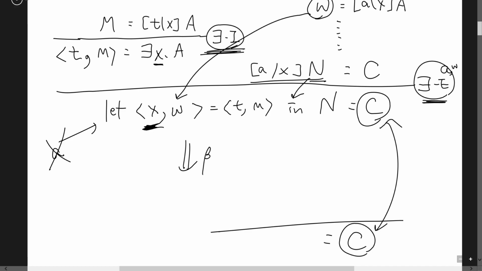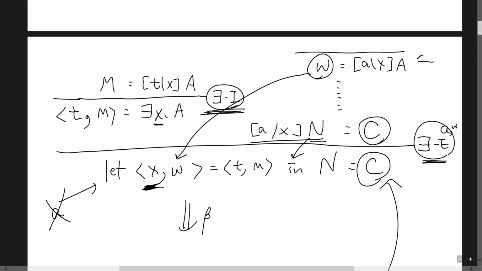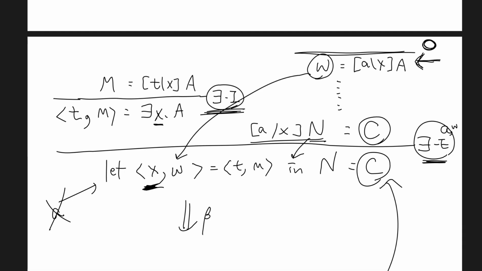And the idea is we have almost found a proof term of type C here, except that we have this hypothesis. So now the problem reduces to getting rid of this hypothesis.